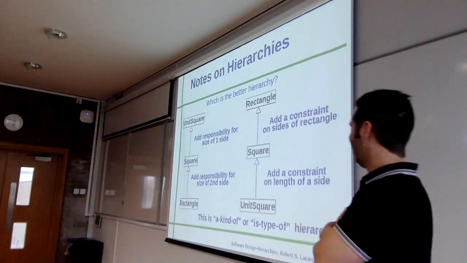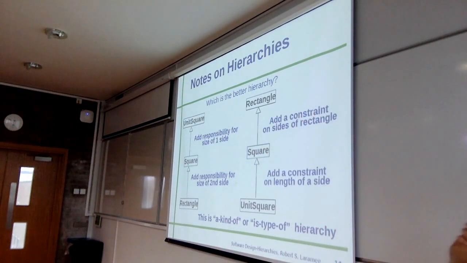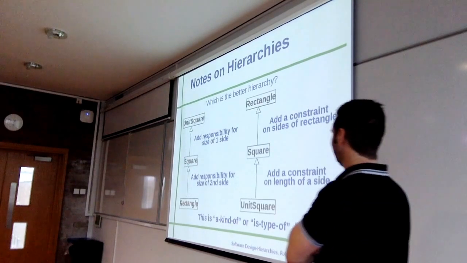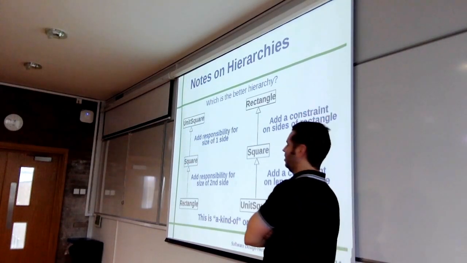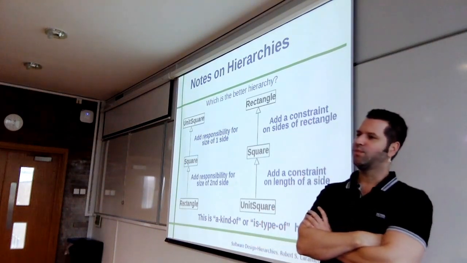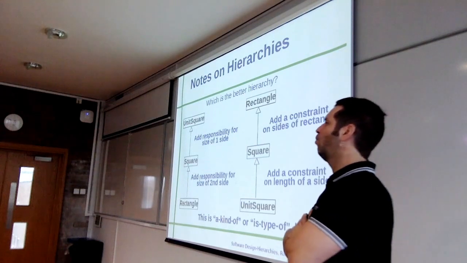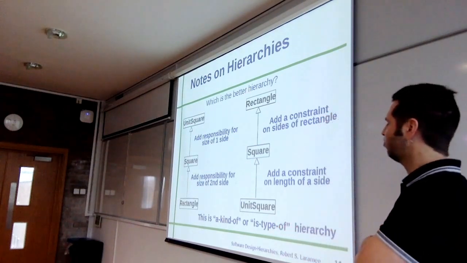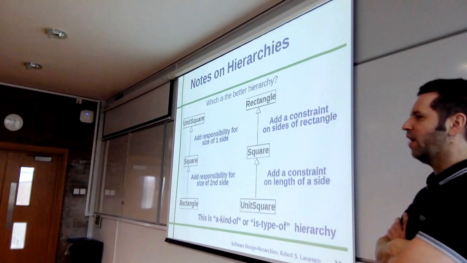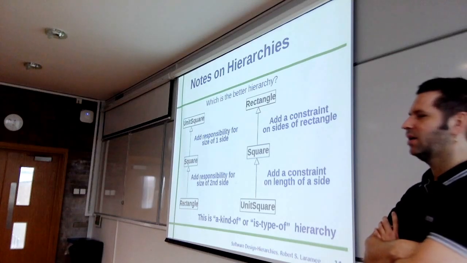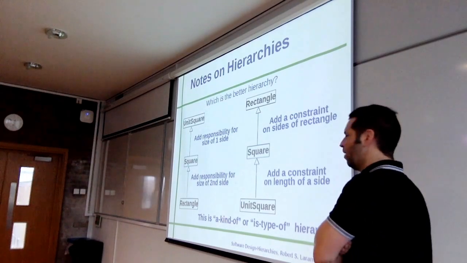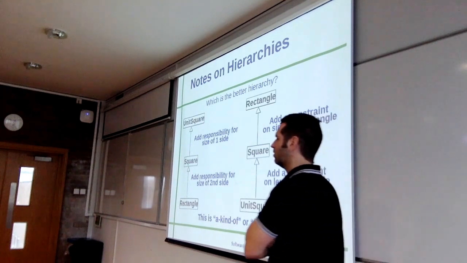So I would advocate the right hierarchy. There are a few reasons, but the basic simple answer is pointing back to the natural language that we talked about in one of the previous lectures. You have to be able to say a child is a kind of parent, and it has to make sense.